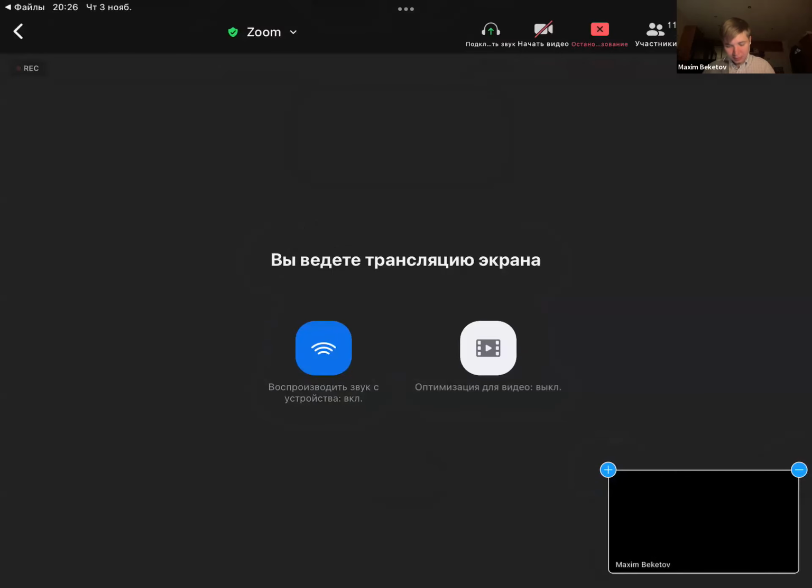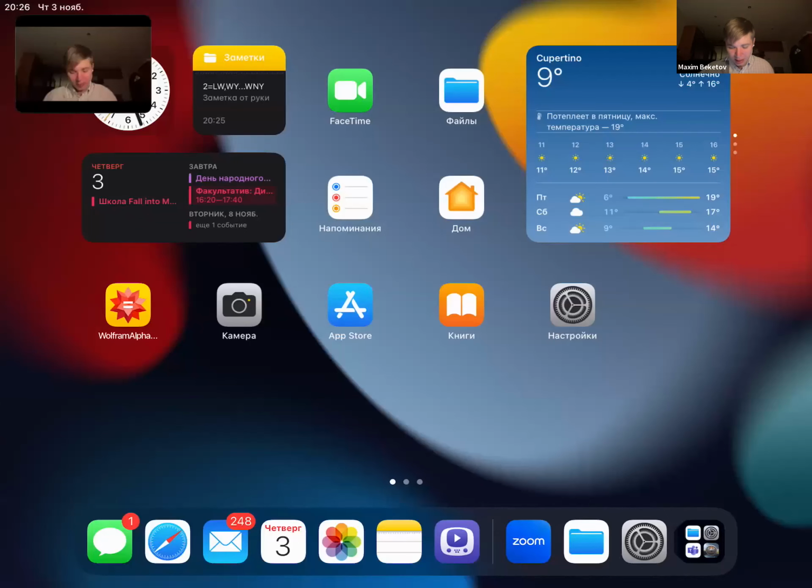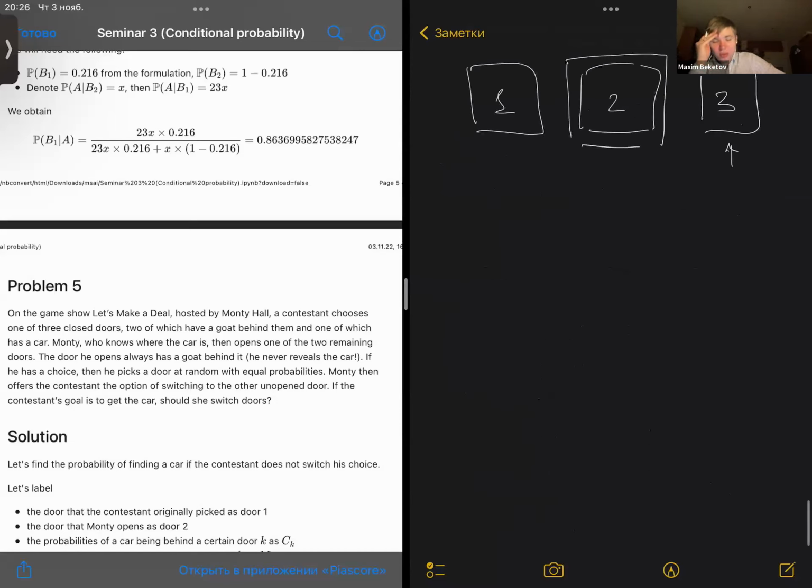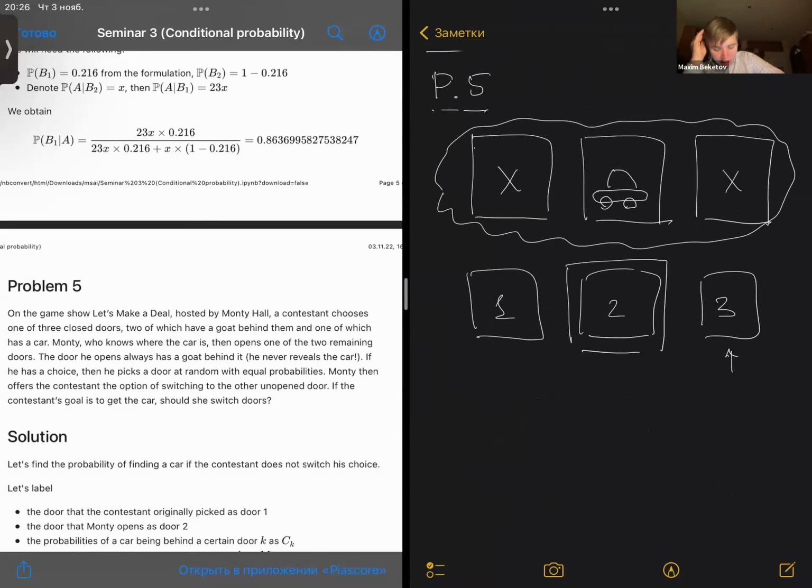So where were we? Monty Hall. So let's say you picked door number 2. And since there are two goats, there are two doors behind which there is no prize. Obviously, even if you chose the door behind which there is no prize, there is one more that has no prize behind it, right?